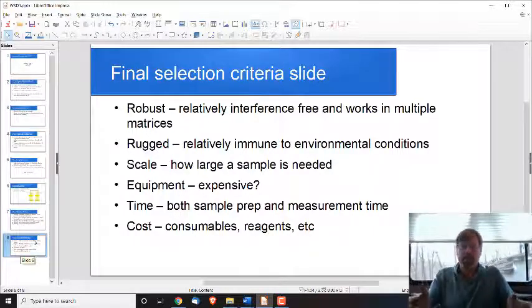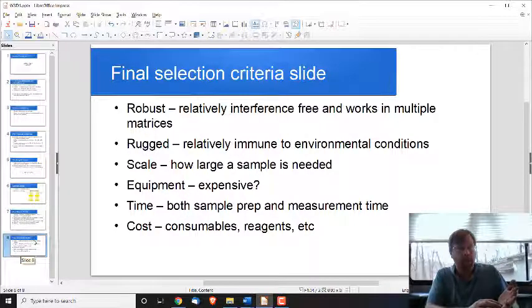All of those go into how much it costs to run each sample. Depending on what instrument you're using, you might need some compressed gases. Might be helium, might be hydrogen, might be oxygen, nitrogen. It varies depending on what you're doing.